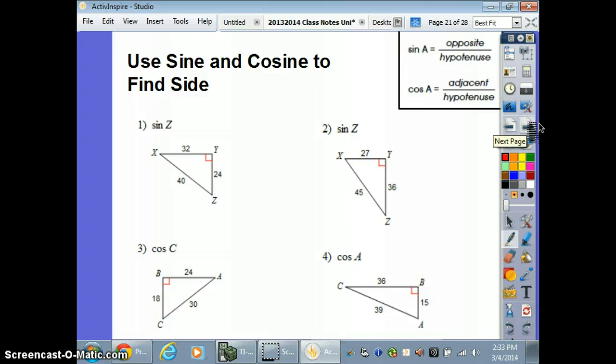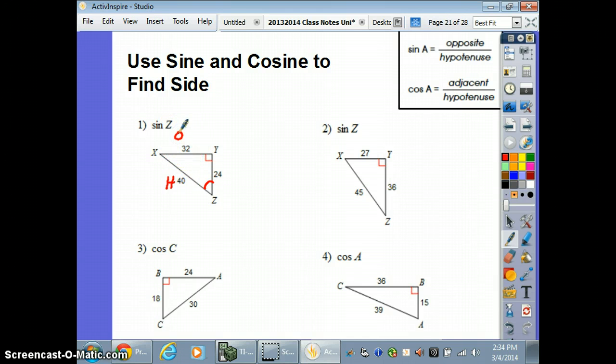Now, sine and cosine are other ratios. The sine is the opposite leg over the hypotenuse, and the cosine is the adjacent leg over the hypotenuse. So let's focus on our reference angle, Z. Sine is opposite over hypotenuse. Here's the hypotenuse, across from the right angle. Opposite goes over here, 32.